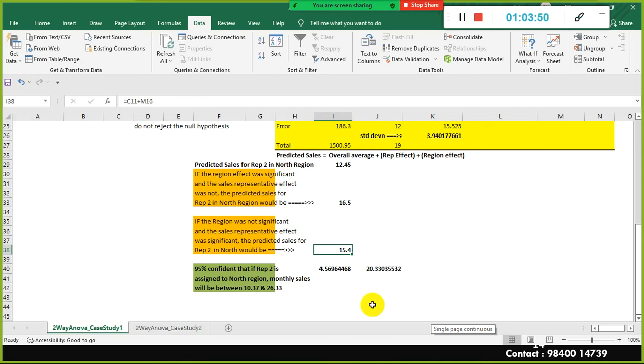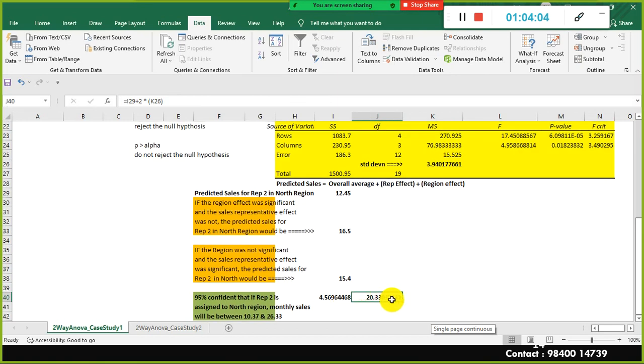Okay, all the time can I achieve all this? That's where we use confidence interval, right? So with 95%, if rep 2 is assigned to north region, monthly sales lie between 4.56 and this value. So how did I get this one? Here I have computed the standard deviation.